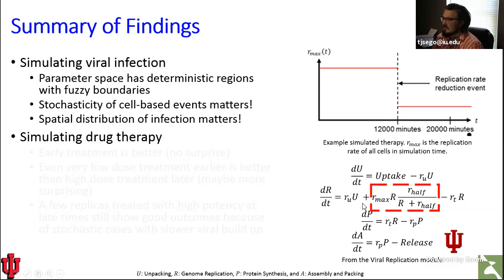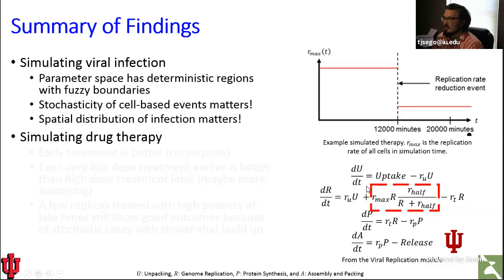Of particular interest is the second stage called replicating, and this models genomic replication, specifically with this term in the red box. This is where exponential amplification of viral populations occurs.